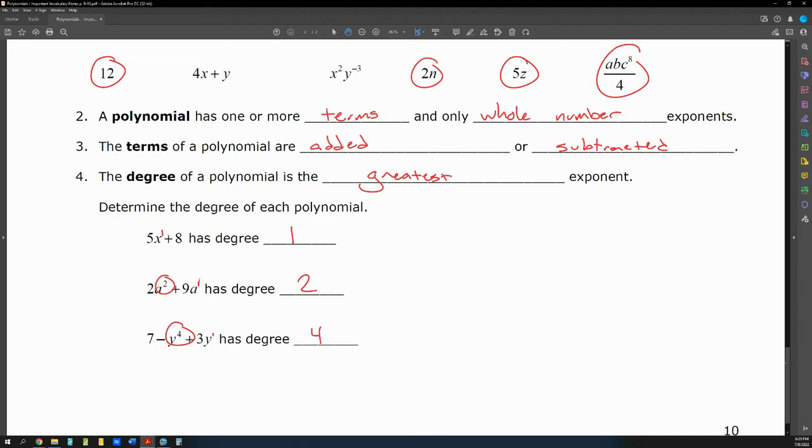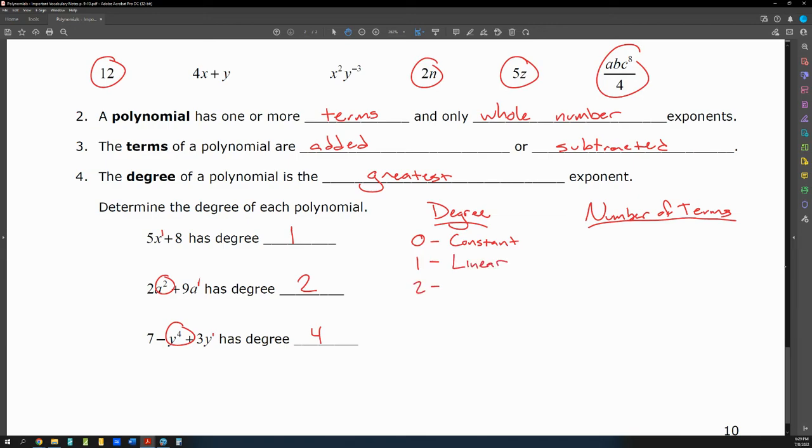So again, in summary, we classify polynomials by the degree and by the number of terms. So I'll summarize everything here. If the degree is 0, we call that a constant. There are no variables, so it remains constant. If the degree is 1, similar to this first example here, we have a linear polynomial.